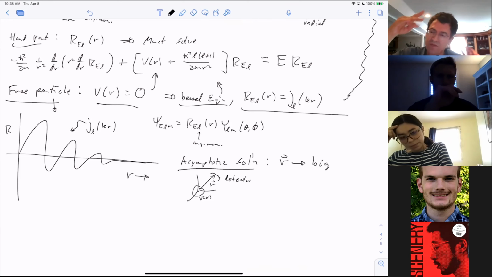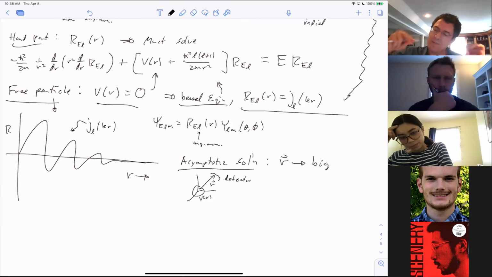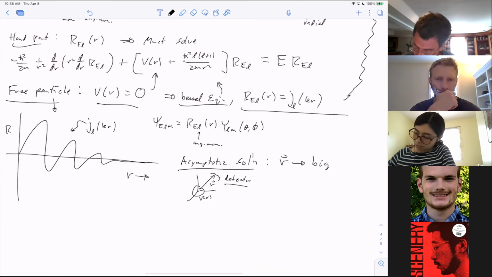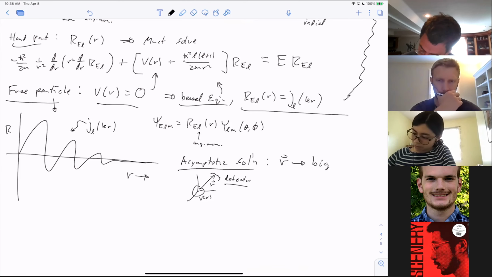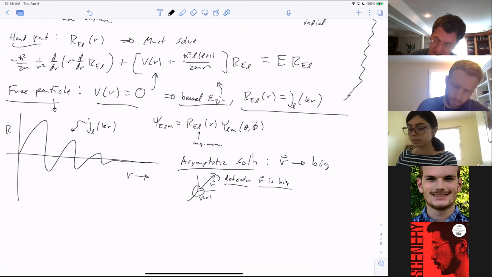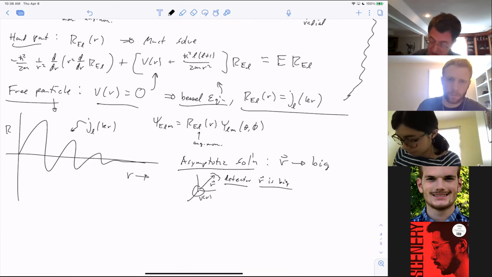So when we're talking about scattering, we're always asking ourselves, what happens far away from the scattering event? At the detector, that's what we care about. And so at the detector, r is big. And so it makes sense to look at the asymptotic solution of the wave function.